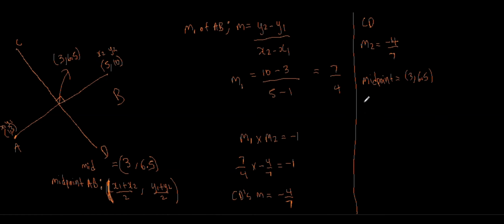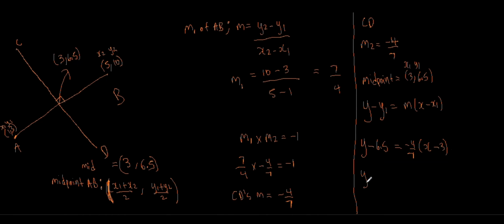So recall, to obtain the equation of a line, knowing a gradient and a coordinate on the line, we use the following formula: y minus y1 equals m times x minus x1. m is the gradient, and m2 in this case signifies the gradient in this formula. So we have y minus 6.5, here's x1, here's y1, equals minus 4 on 7, open bracket x minus 3.